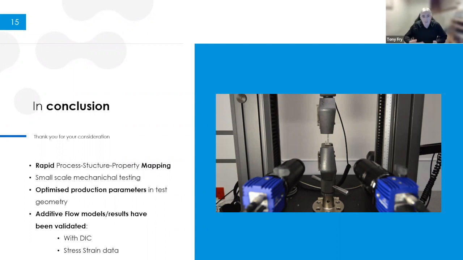So again, we're minimizing the amount of material we're having to use. We're minimizing the print time. And then using the optimized production parameters, we were able to generate a test artifact and to show that through these mechanical tests, we were getting equivalent mechanical properties, but with a much faster production route. So yeah, quite successful, I think.